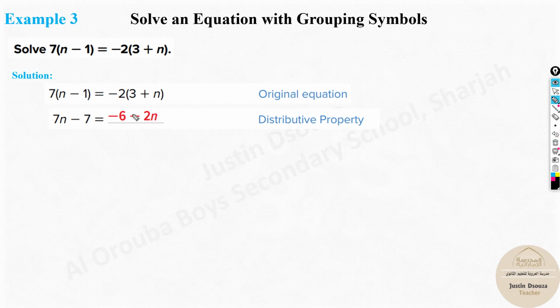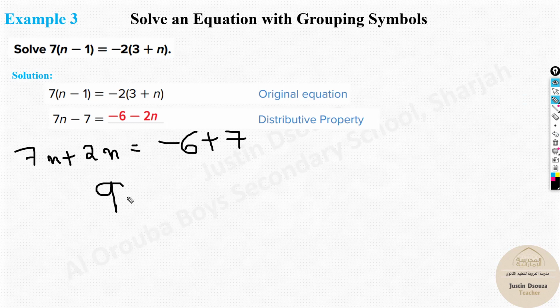So basically, just remember you're moving this to the other side. It becomes 7n minus becomes plus 2n equals to, at the same time you can move this to the other side. So it'll be minus 6 plus 7. So if you're thinking of moving it other side of equal to, change the signs. So instead of long steps, it'll be short step. Here it'll be 7 plus 2 will be 9.